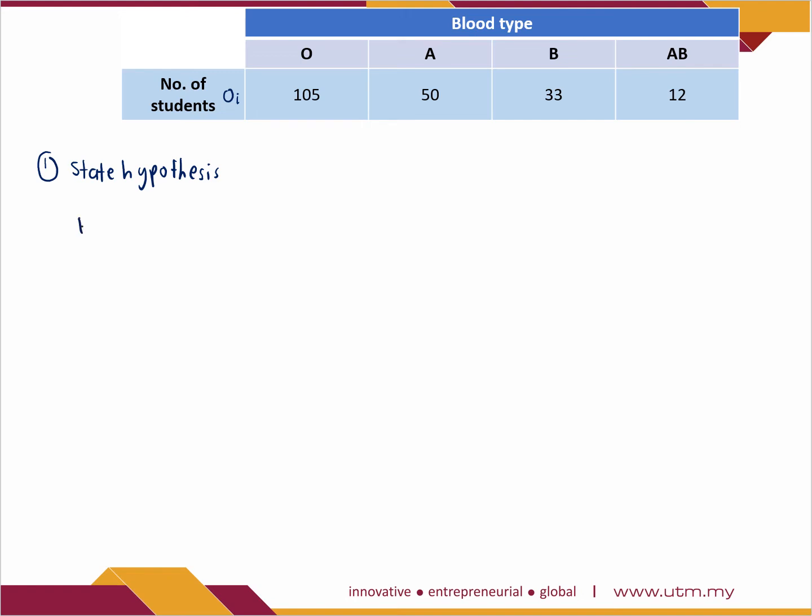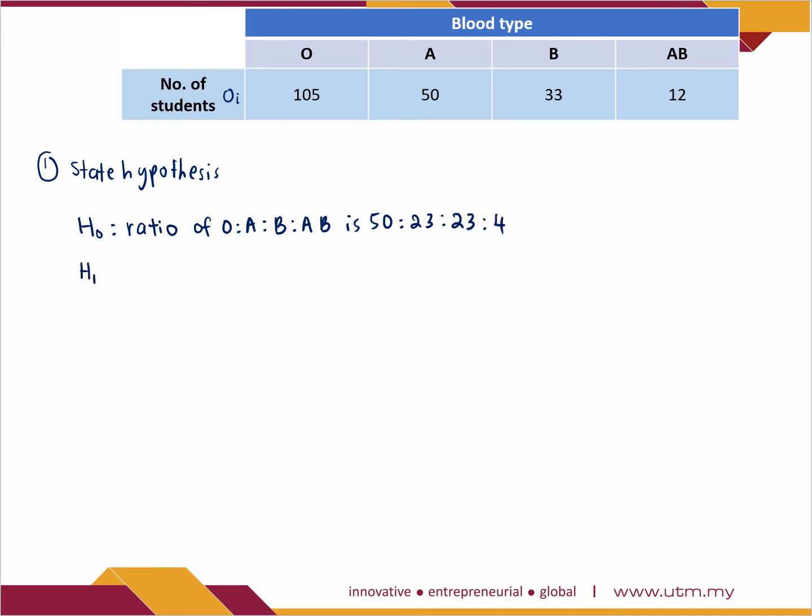So that is our null hypothesis, that the ratio of O, A, B and AB is 50, 23, 23 and 4.